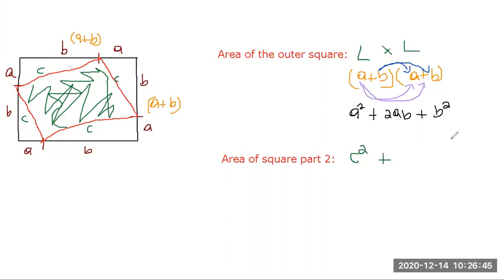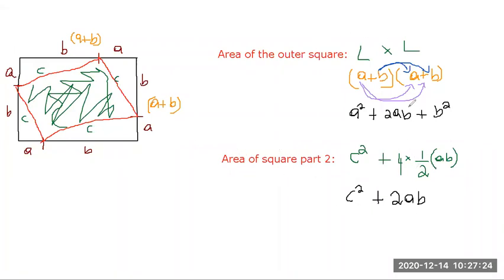The area of a triangle is half base times height, right? So half, the base is A and the height is B. So half AB. And there are 4 triangles, so I'm gonna have to multiply this by 4. Now when I solve this out, c squared plus half of 4 is 2, so 2ab. So this is another way we could solve for the area of the big square, all right?